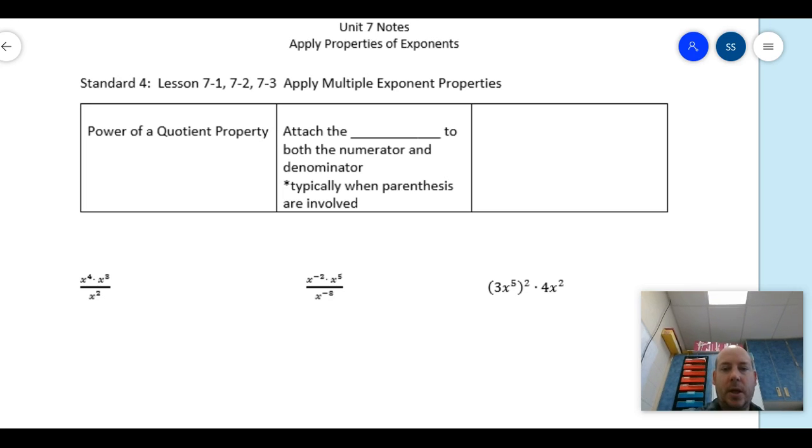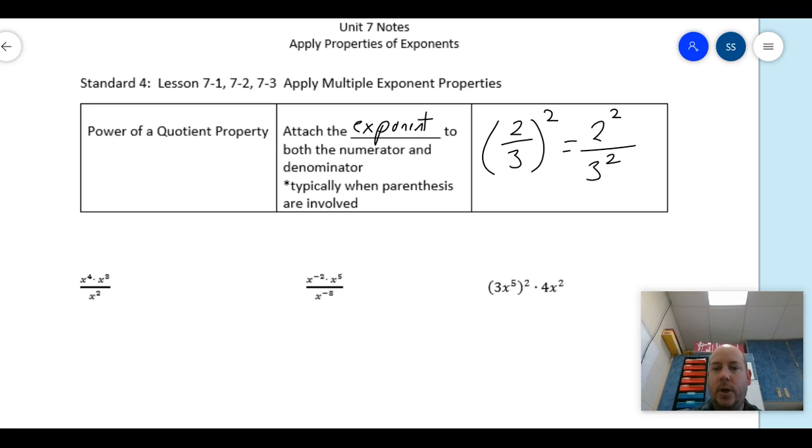So that's going to be the exponent or the power. Okay. So let's say I had something like, in parentheses, 2 over 3, squared. I'm going to attach the exponent to both the numerator and the denominator. So that's going to be 2 squared over 3 squared.